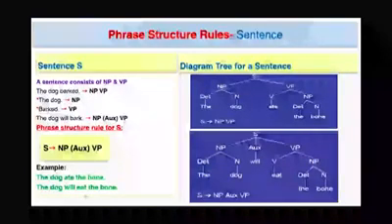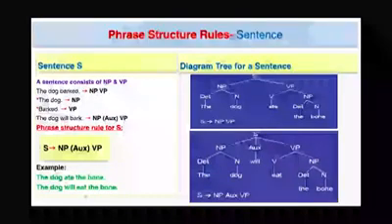Let's take the two examples there. The dog ate the bone. The dog will eat the bone. In the first sentence, we have the dog ate the bone. So we're going to start with sentence, which breaks into an NP.